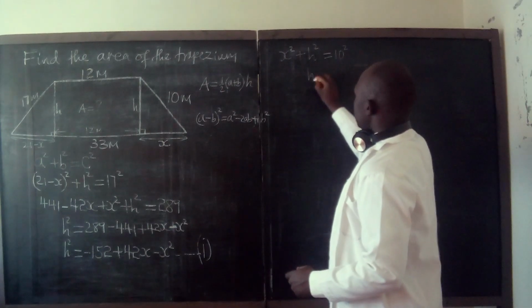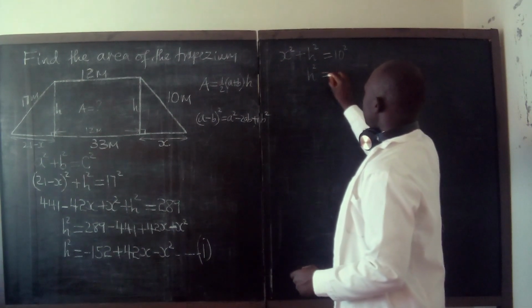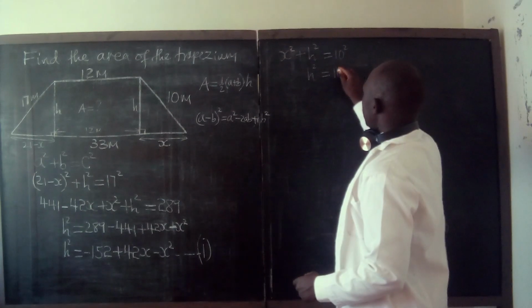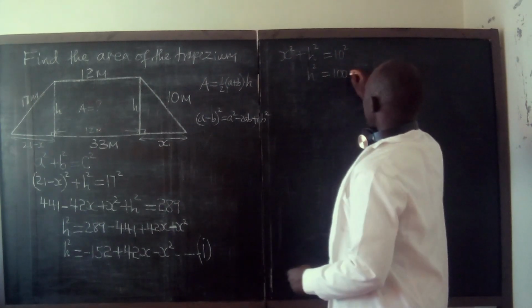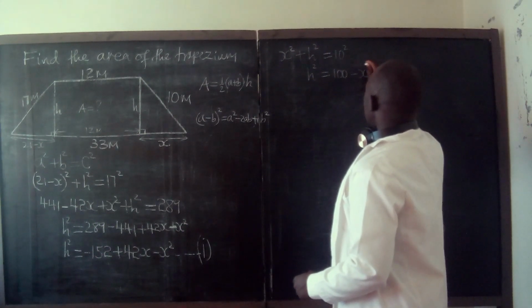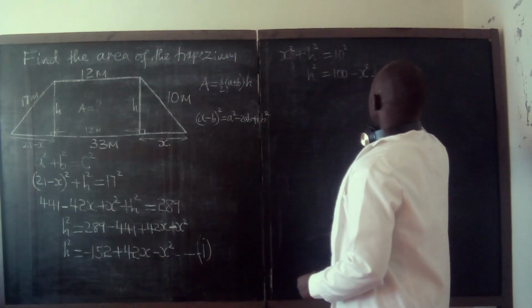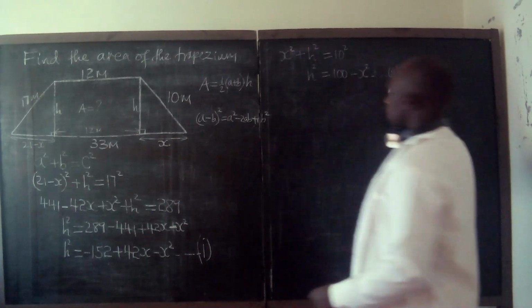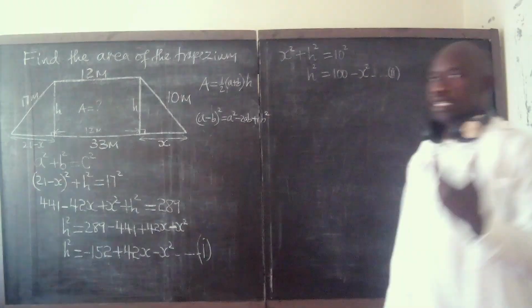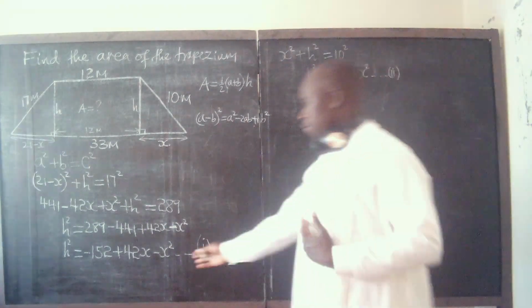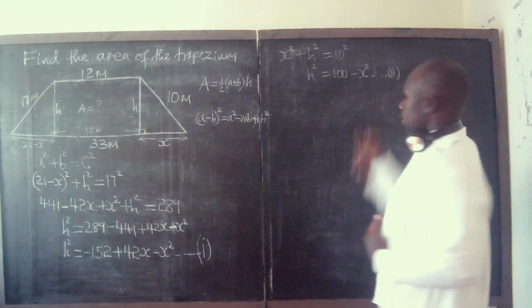Therefore, h squared is equal to 100 minus x squared. We can call this our second equation. So already we have two equations, the first equation and the second equation.